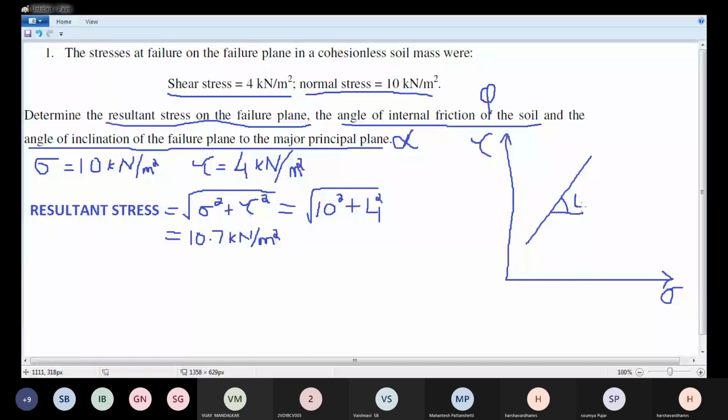So the angle of any slope is nothing but, if you take this triangle, this is your y-axis and this is your x-axis.